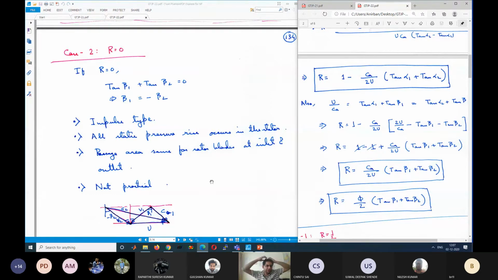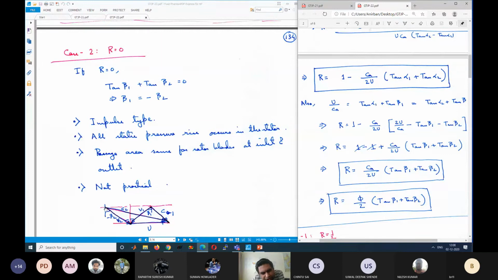And what does it mean? V2 is equal to V1. What is the diffusion in the rotor if V2 is equal to V1? Zero, no diffusion, no change in relative kinetic energy. And you can see then what the diffusion in the stator is. How much change is occurring from C2 going to C1 in the stator? Inlet is C2, outlet is C1.